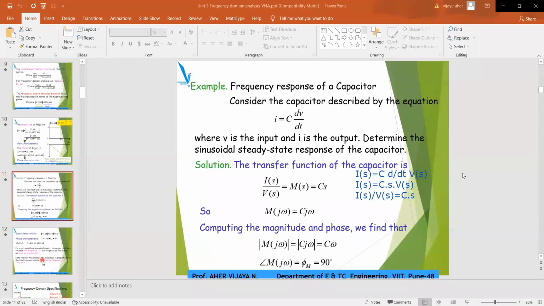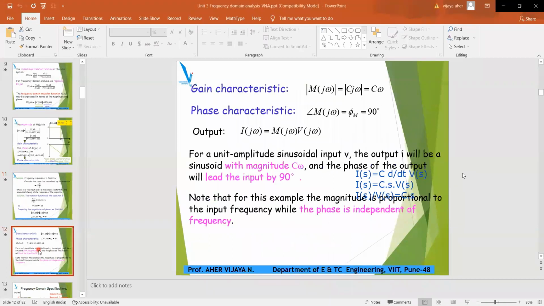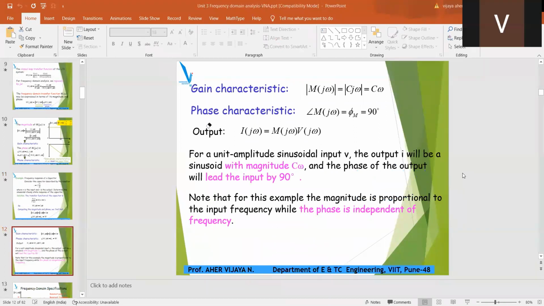I have just taken a simple example. Are you with me, students? Now this magnitude is nothing but the gain characteristics and the phase is nothing but the phase characteristics.